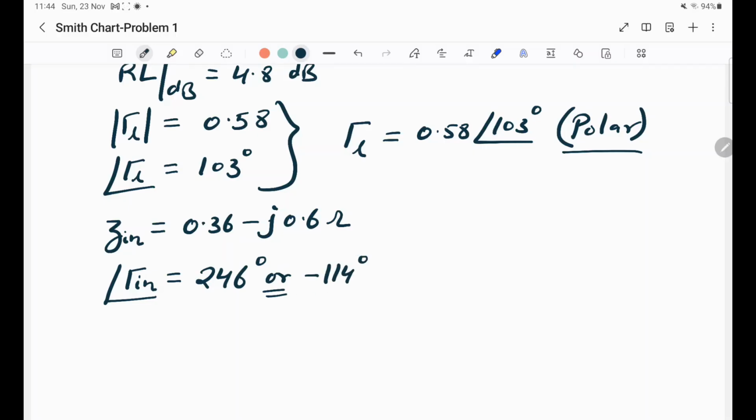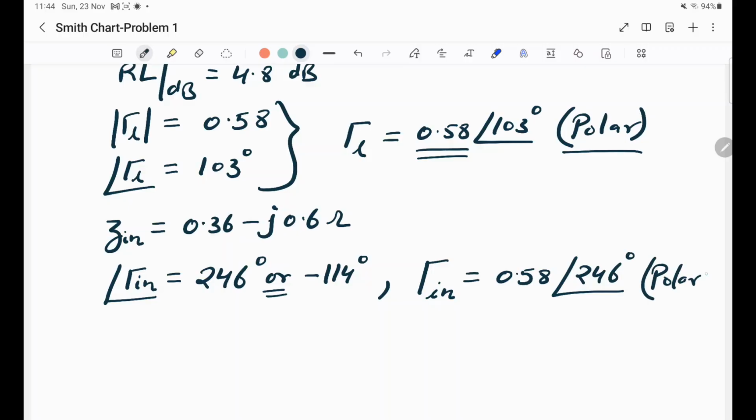You can use either of these two values. One thing to notice is that the magnitude of the reflection coefficient does not change. Why? Because the constant reflection coefficient circle remains the same. Therefore, the reflection coefficient seen from the input end is 0.58 at an angle of 246 degrees in polar form.